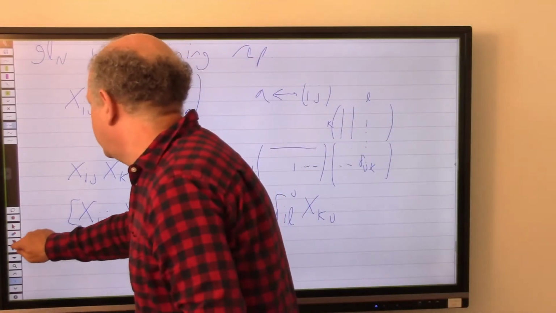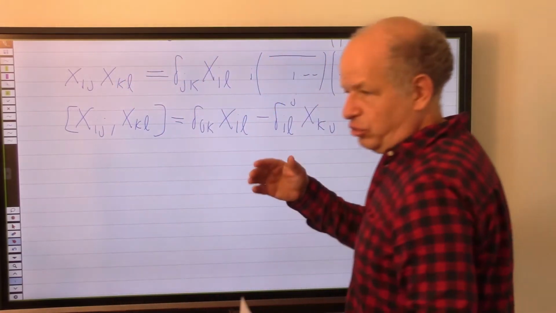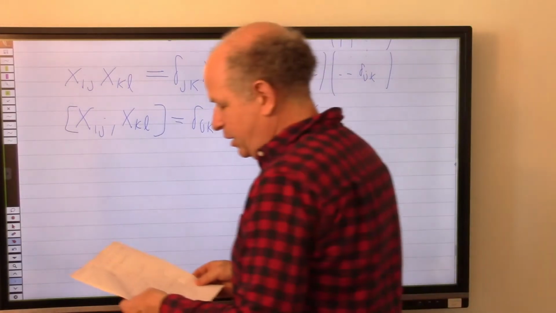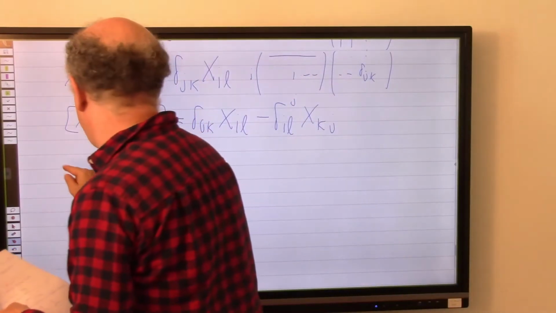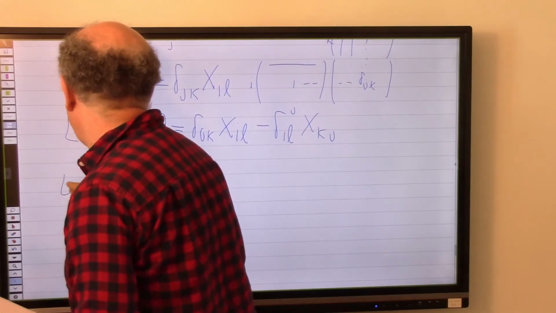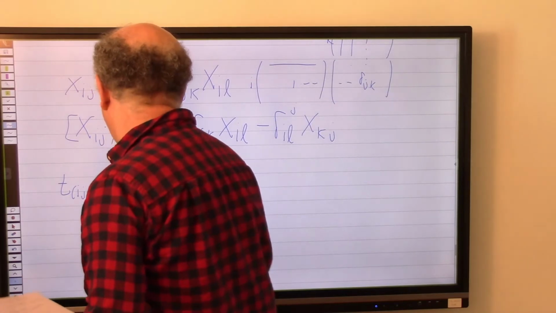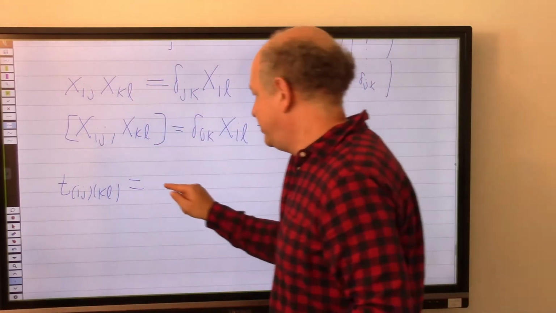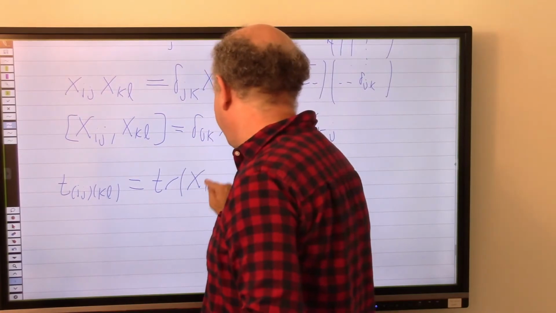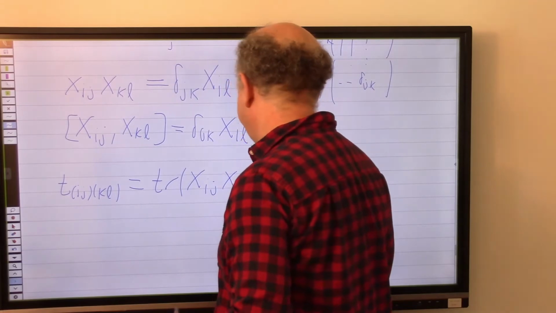So in order to figure out the F_ABC tensor, I need to know what the metric is. So let's figure out the metric. So what is T of IJ with KL? By definition, this is the trace of XIJ XKL.